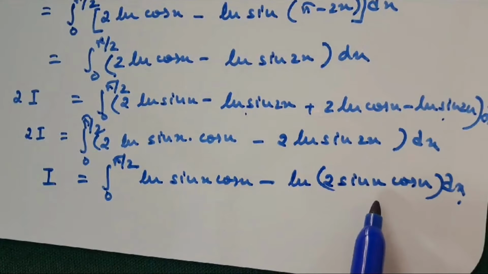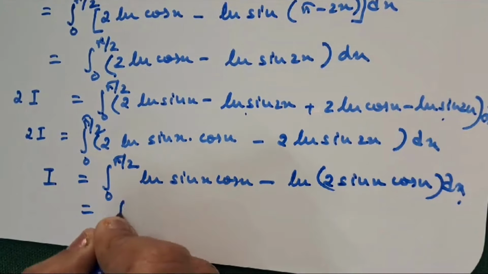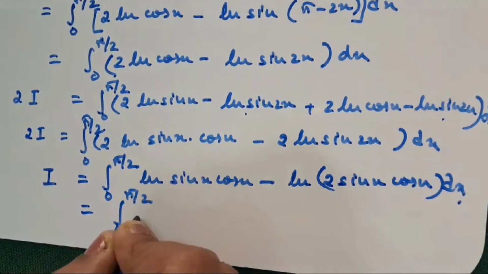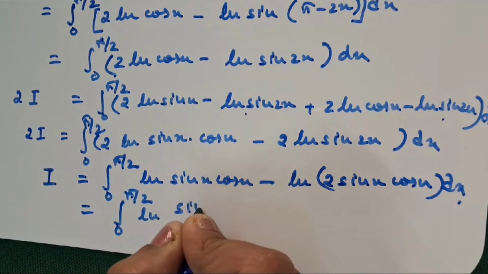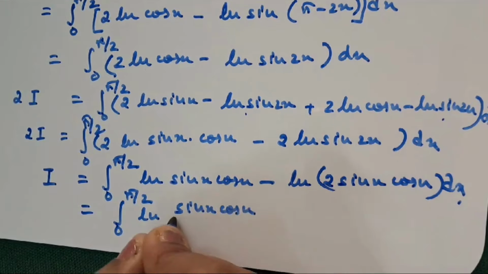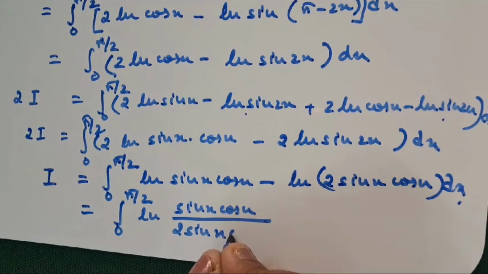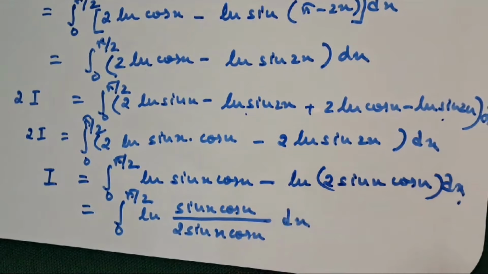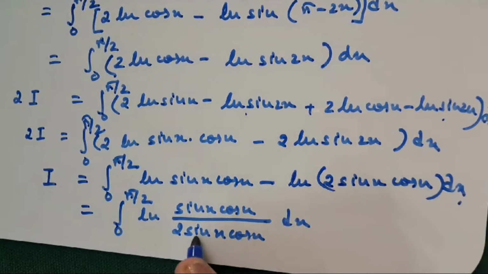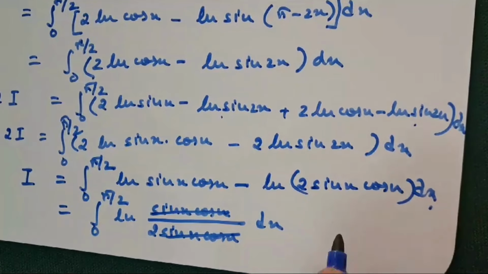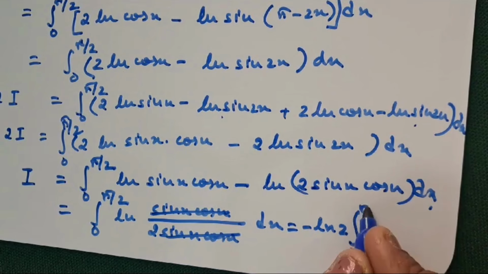Now log a minus log b is log of a by b, so it becomes 0 to pi by 2 ln of sin x cos x by 2 sin x cos x whole dx. So sin x cos x gets cancelled. Ln half, which you can write as minus ln 2, integration 0 to pi by 2 dx.